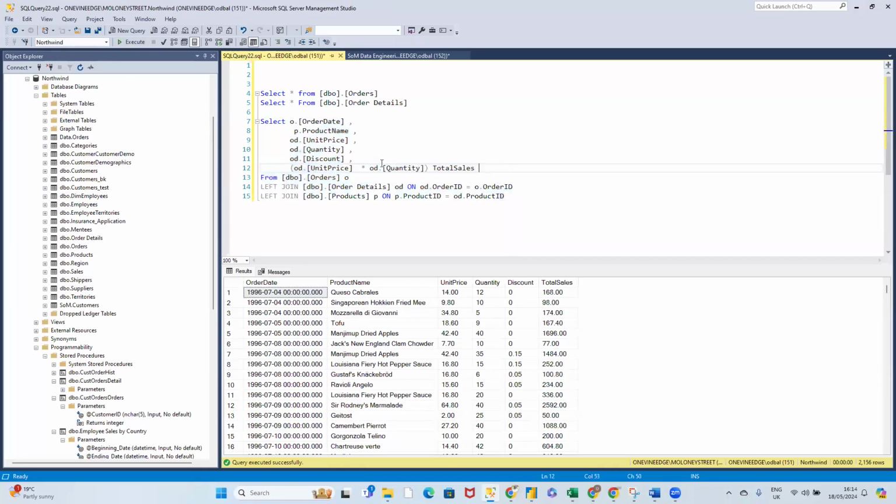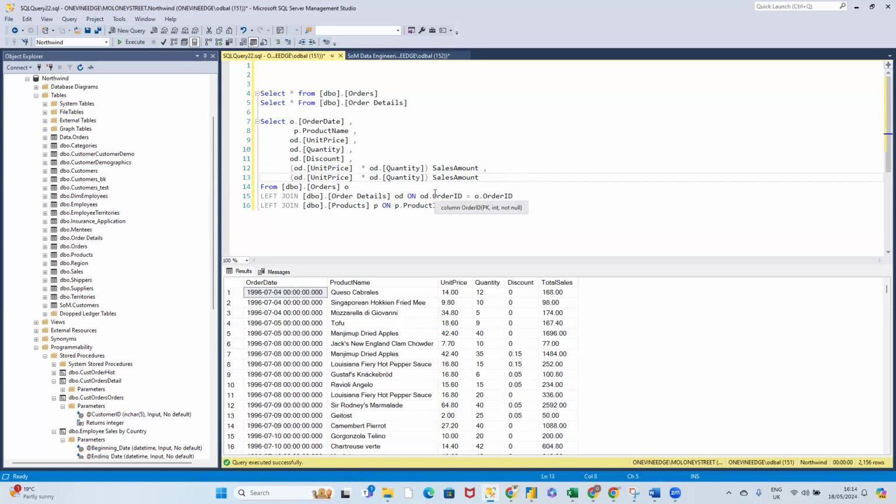So I'll call this one sales amount. And the next one, which I'm going to write, is my actual sales, because I'll have to take into account the discount that has been applied.